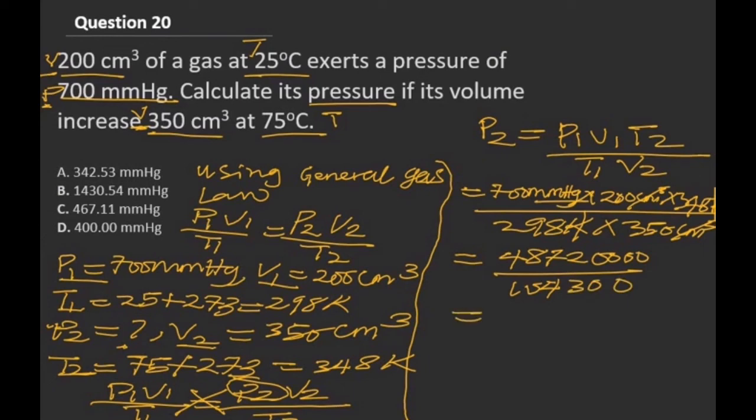So our final answer is 467.11 millimeter mercury. So the right answer for the question is C, 467.11 millimeter mercury.